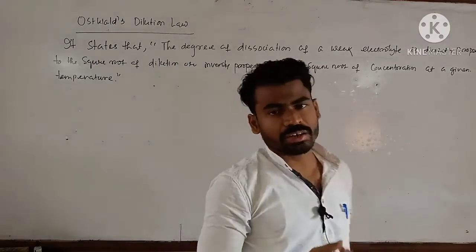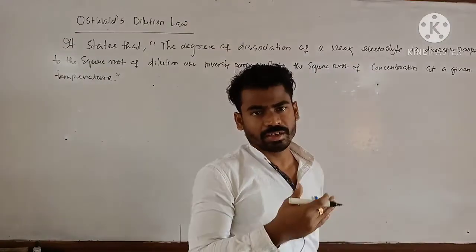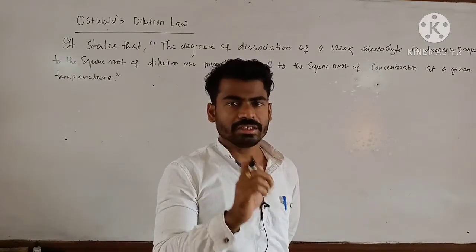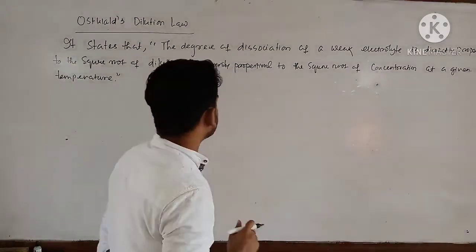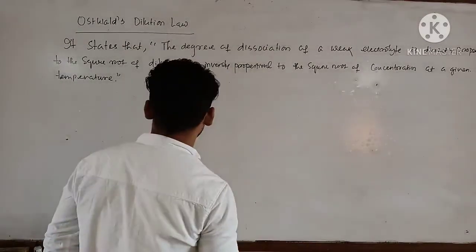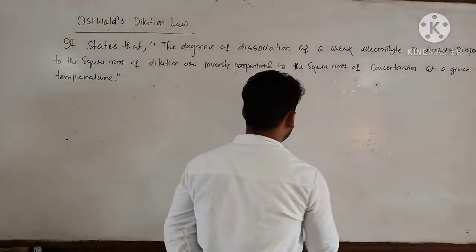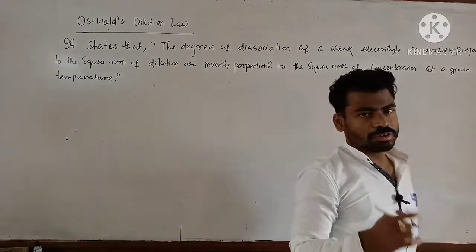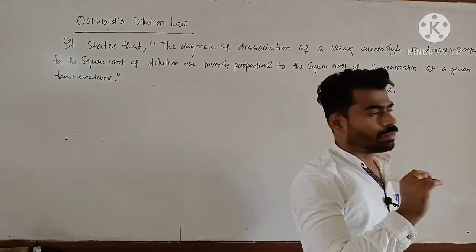In the case of a weak electrolyte dissolved in water, if you increase the extent of water, that is the dilution, the ionization also increases. There is a term, degree of dissociation, known as alpha. It is the number of molecules dissociated into ions out of the total number of moles.